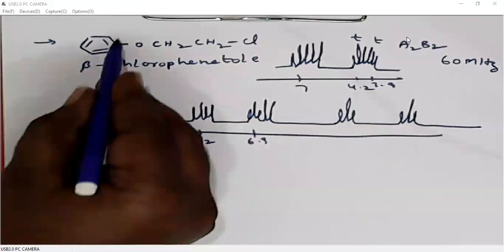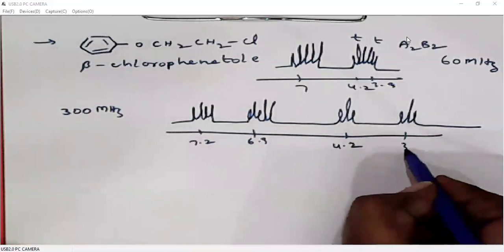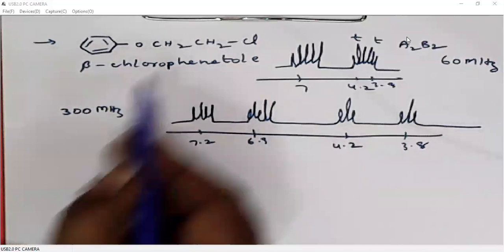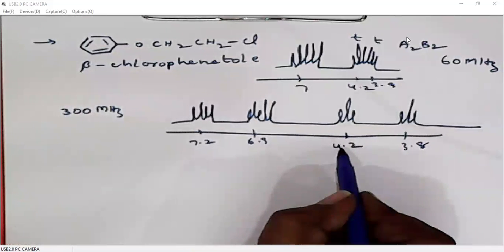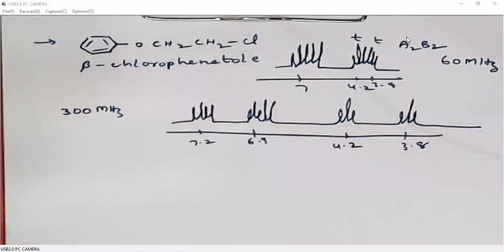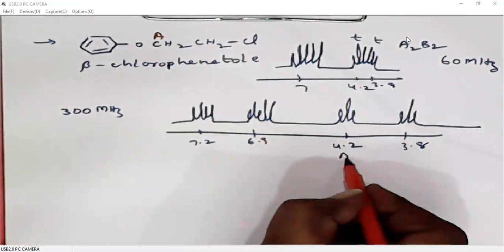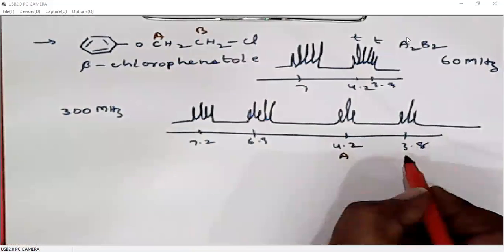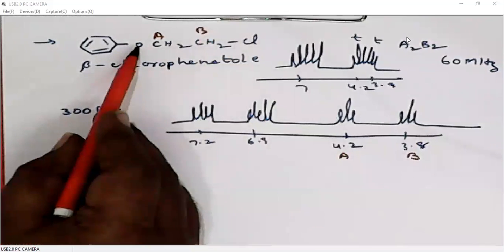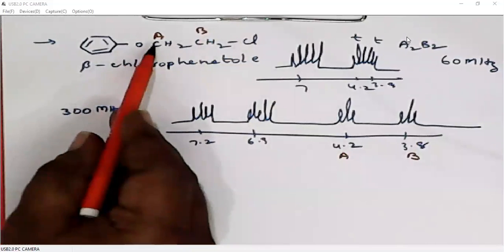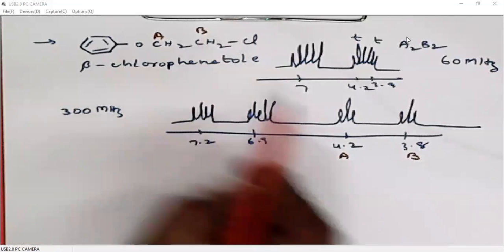We have 5 such aromatic protons. And now we can clearly assign 4.2 for the oxygen attached carbon and the other for the chlorine attached carbon. Because oxygen is more electronegative, its delta value will be high, whereas chlorine is less electronegative, so its delta value will be less.